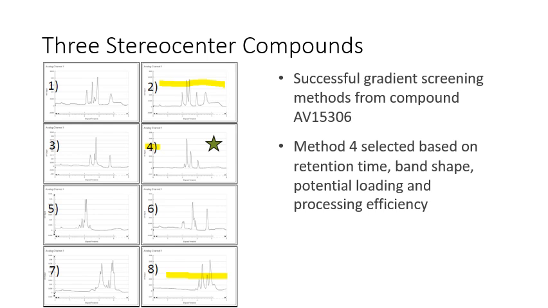But method 4 we've chosen because it's got a lesser retention time, which means faster processing. It's got a very sharp band shape. That indicates to me potential loading and processing efficiency is pretty high. So we'll go ahead with method 4.